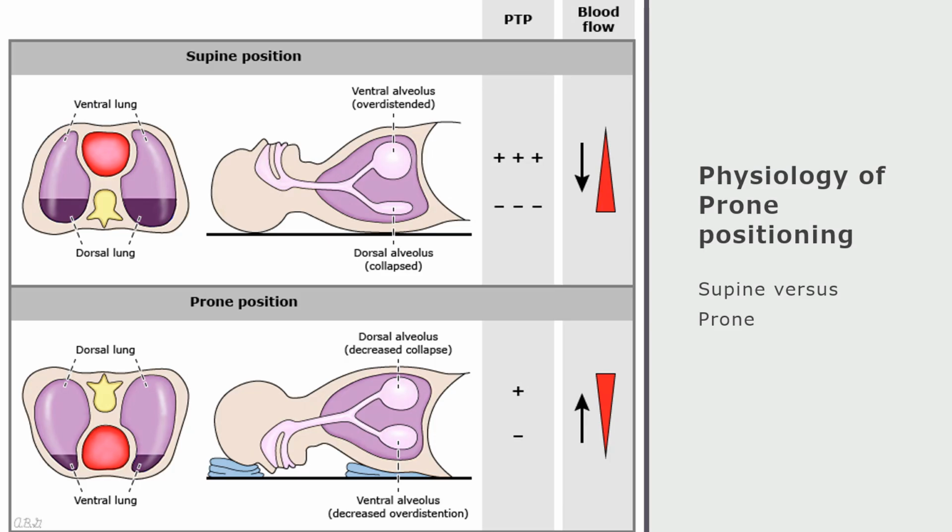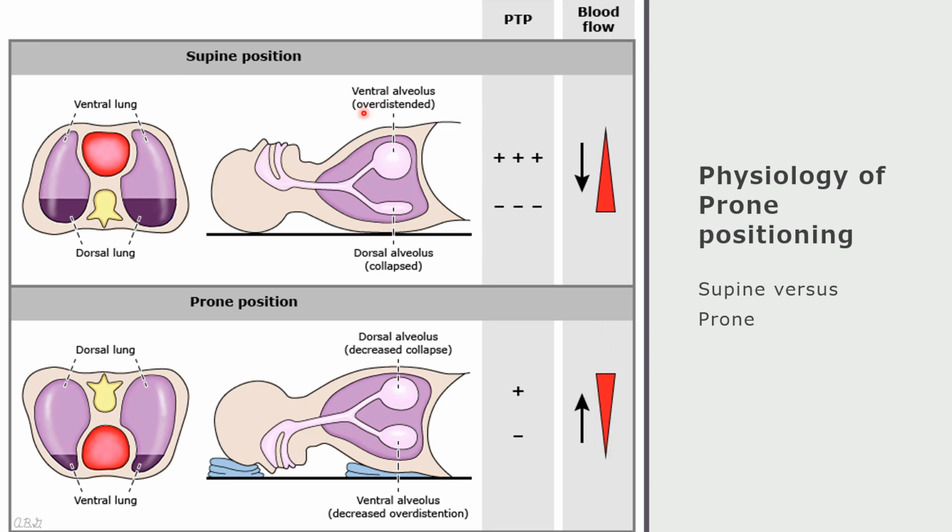Here you can see an image. This is in supine position and this is in prone position. This is the axial view of lung and this is the sagittal view of lung. Here you can see transpulmonary pressure across the ventral region and the dorsal region of the lung in supine position and in prone position. And here you can see the blood flow in supine position and blood flow in prone position.